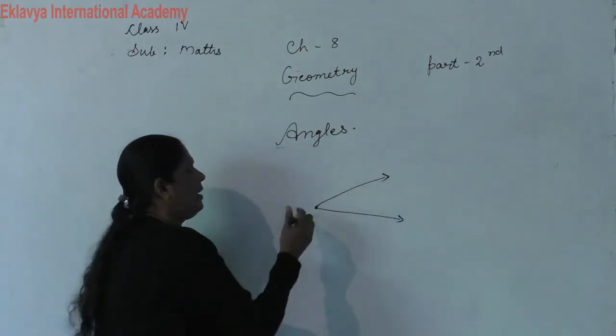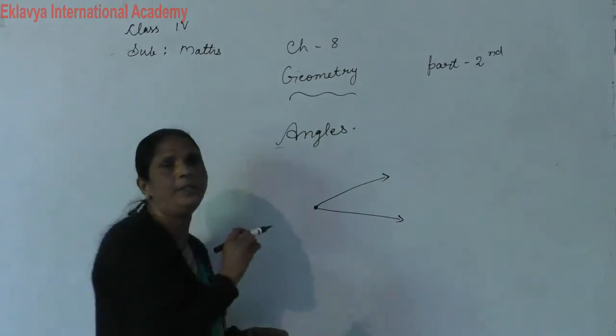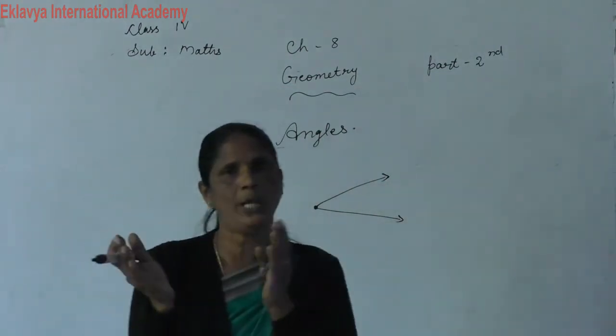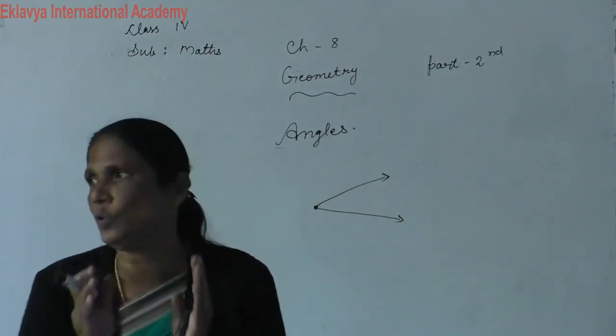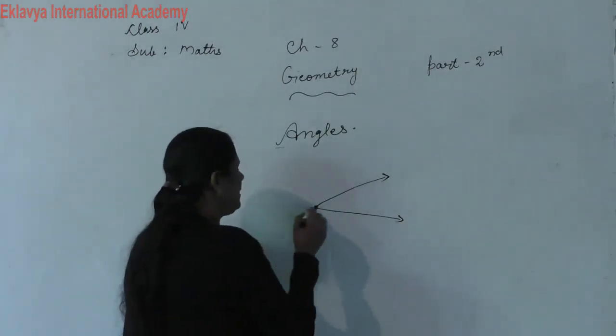An angle has one vertex. This is our vertex, the initial point of two rays, the joining point of two rays.